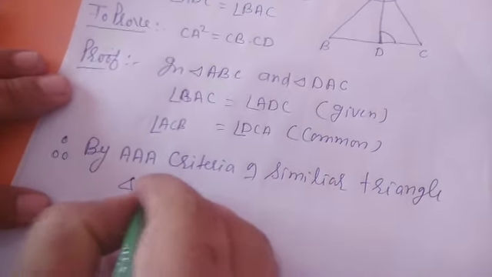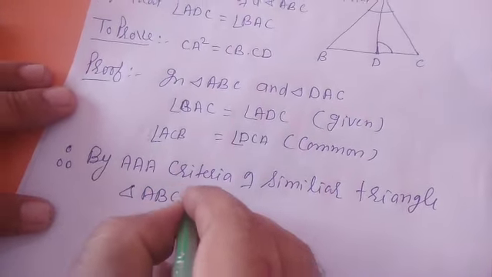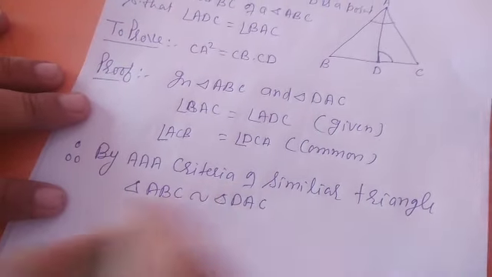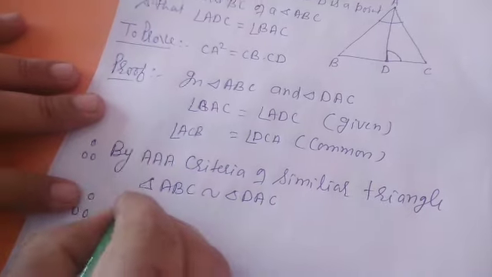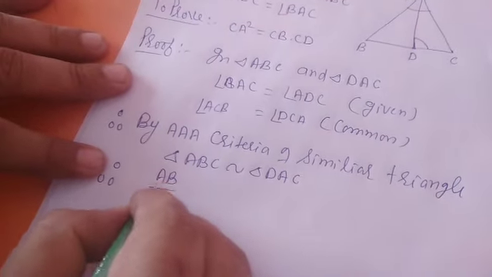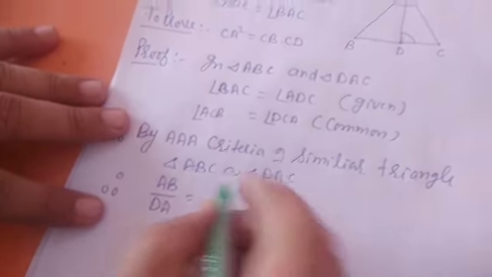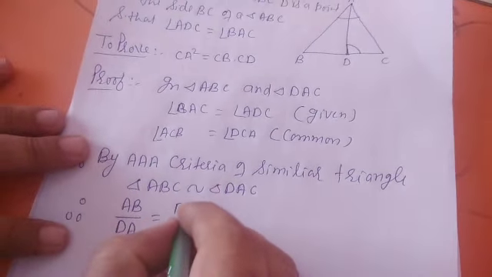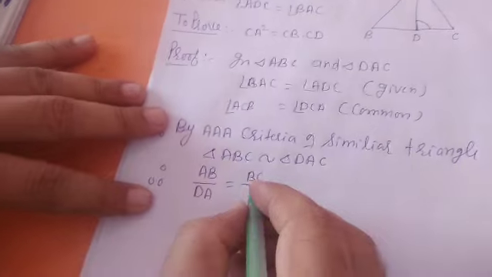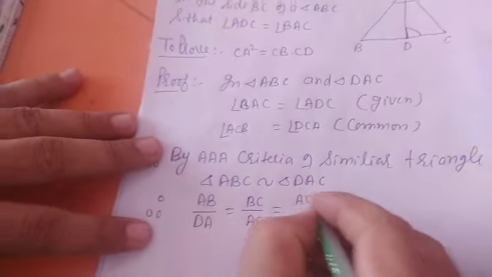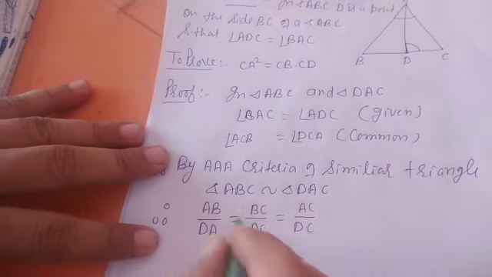Triangle ABC is similar to triangle DAC. Therefore, AB by DA, BC by AC is equal to AC by DC.